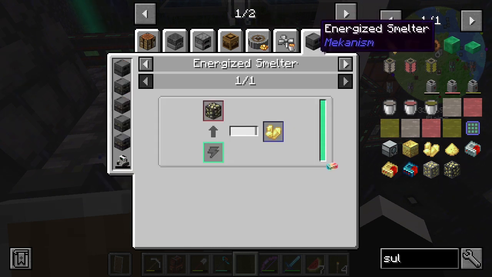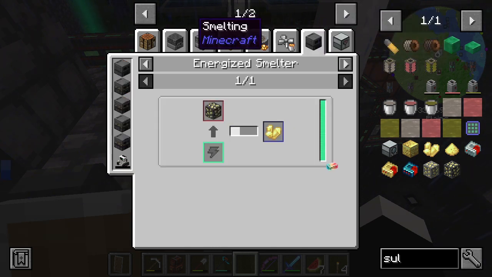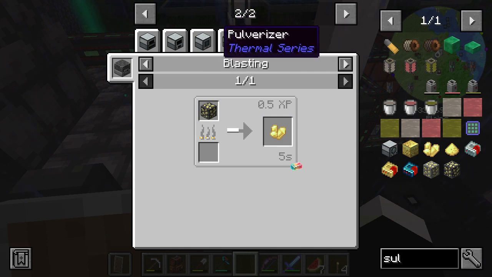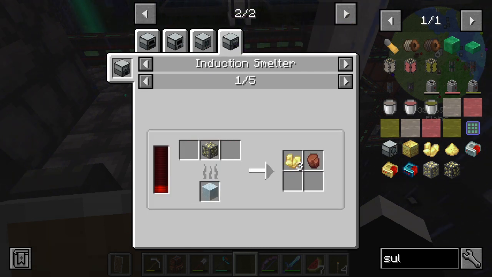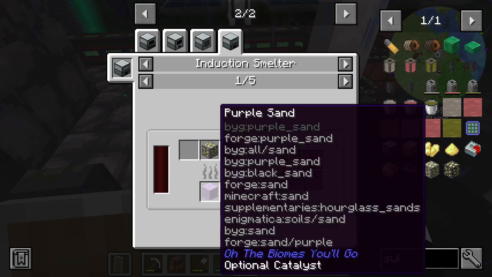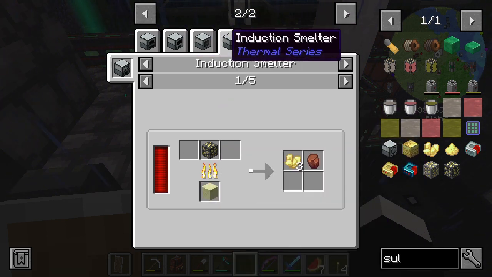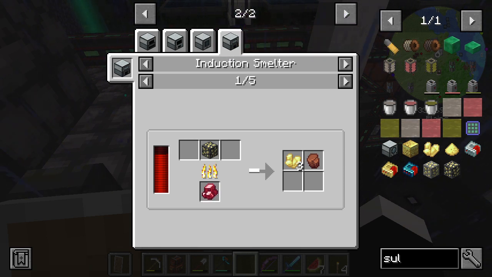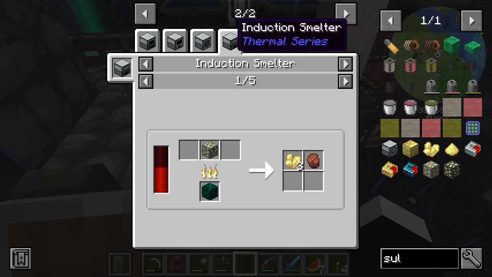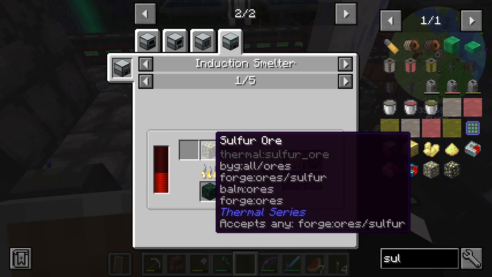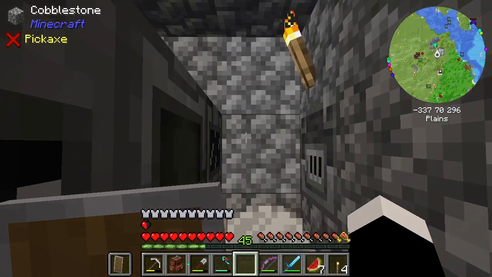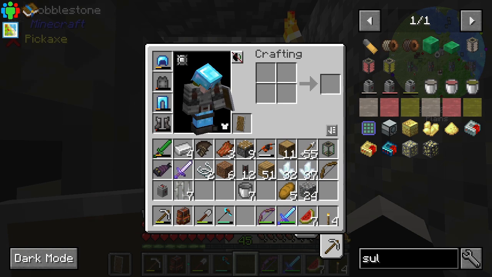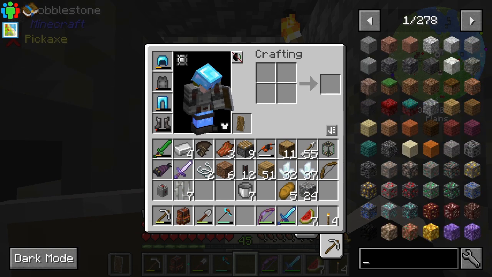Maybe there is, and I'm missing it. That's not such a bad idea. The induction smelter from thermal series. I could use that. Because I don't know how abundant sulfur is, but it strikes me as being kind of rare.